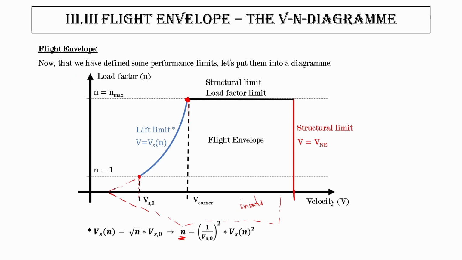We've established limits in straight and level flight. I'm not talking about the climb performance here, but generally we've established performance limits in straight flight. We've established performance limits in accelerated flight, and now we put this all together in one graph and we get our flight envelope.